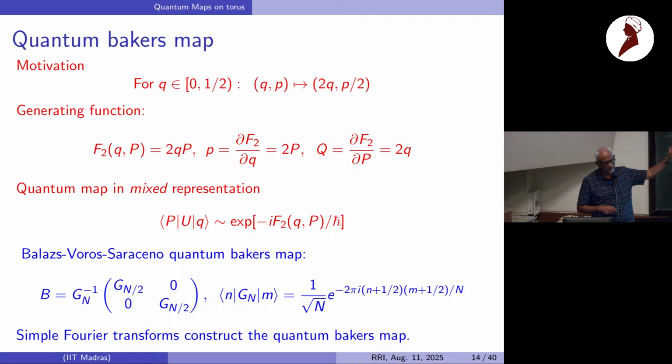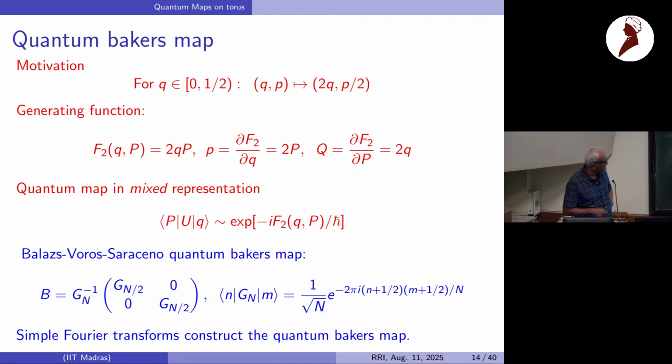For the whole class of standard maps and so on, we can write down an action principle, and that action will be the generating function of this transformation. There, the first type generating function can be written down, meaning new position, old position, and the quantization will then follow. Here for the Baker's map, the natural thing is this mixed representation.